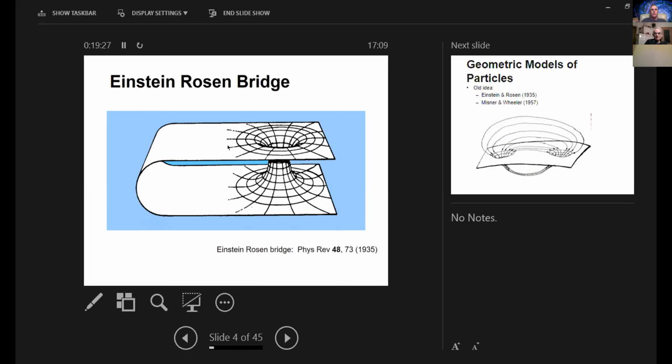This is a two-dimensional version of the universe, and this is just to show that this hole, to someone living in the universe, is quite a long way away, but they're connected through this throat, and on this side it will also look like a mass. So this was saying something and offered some promise. It might have suggested that every particle was intrinsically linked to an antiparticle or something like that. It's a nice picture, right?